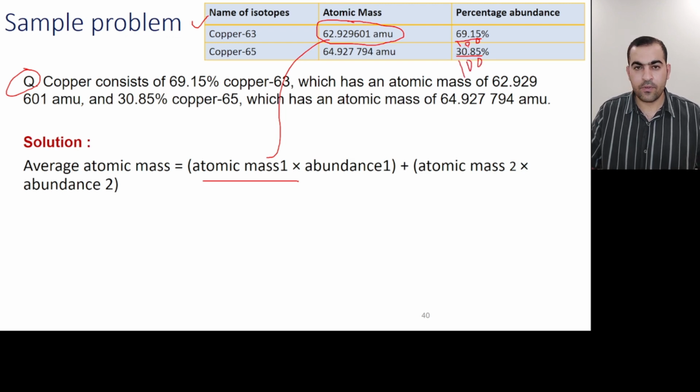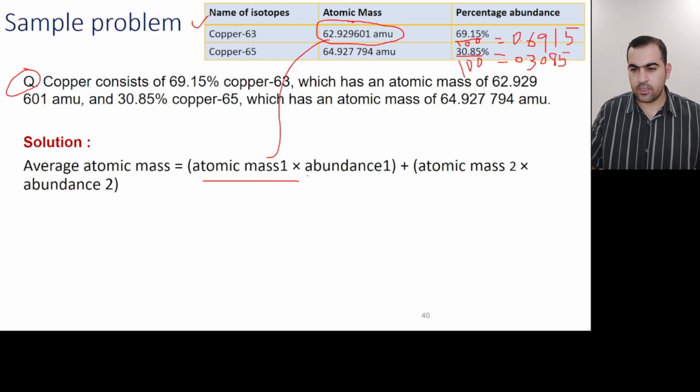So 69.15 divided by 100 equals 0.6915. And 30.85 divided by 100 is going to be 0.3085. This is very important.